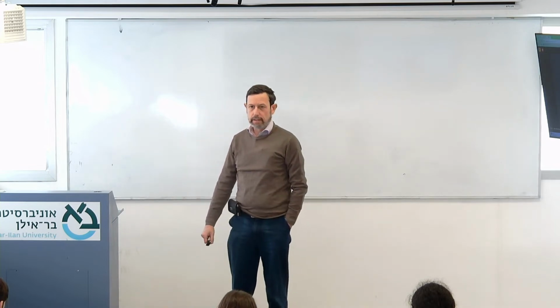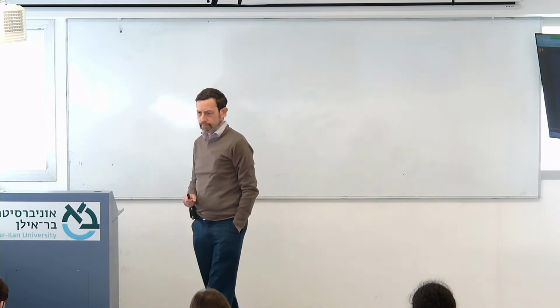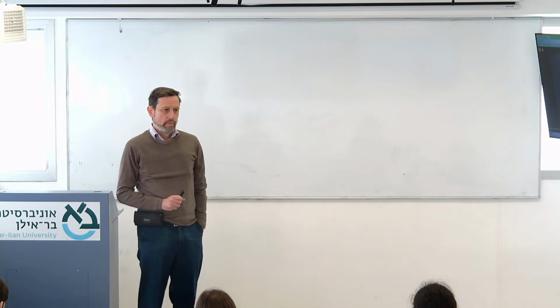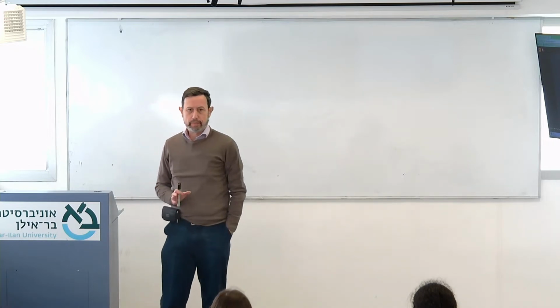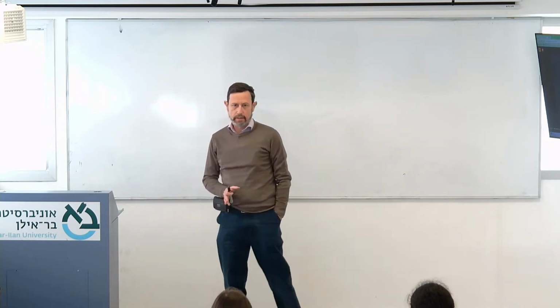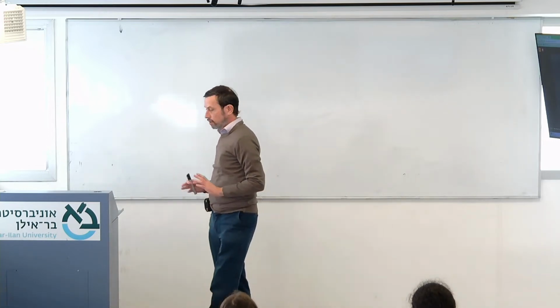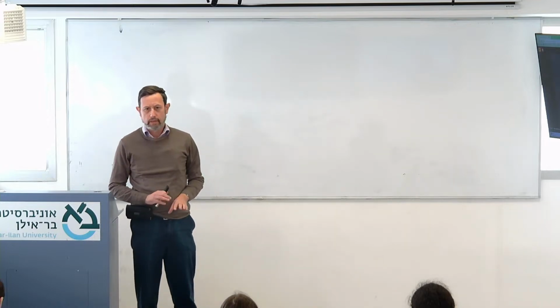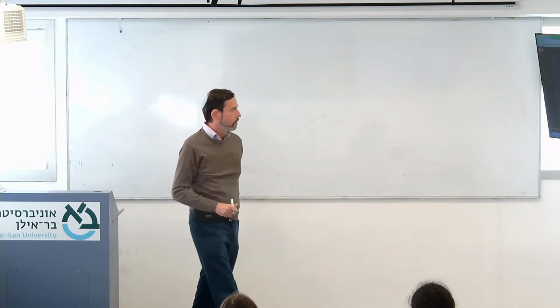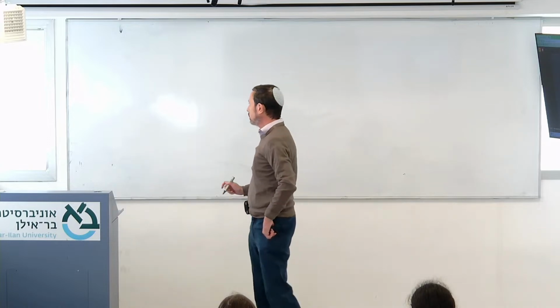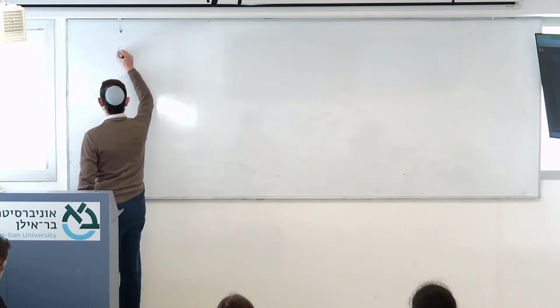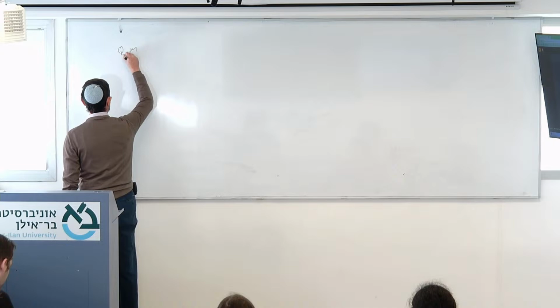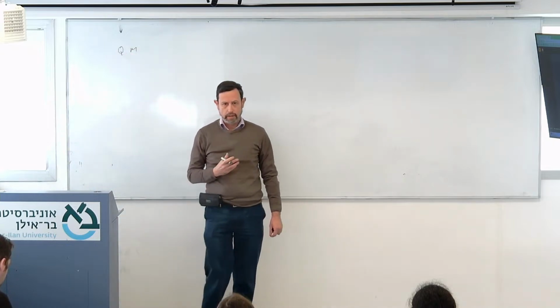So, basically, in the last lecture, we went over some of the properties of quantum mechanics. And I'll just note them here down quickly. The first thing that we have learned is that quantum mechanics is a probabilistic theory.